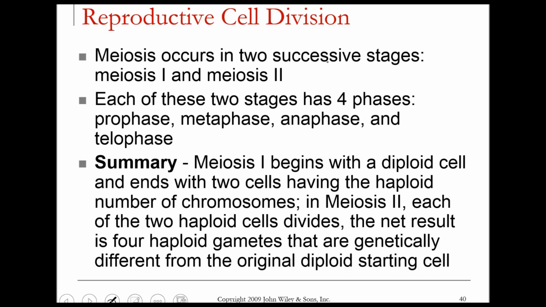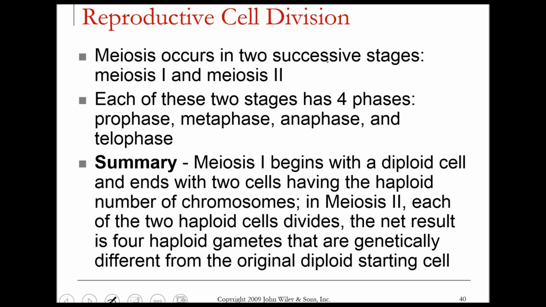If it's occurring during meiosis 1, we call it prophase 1, metaphase 1, anaphase 1, and telophase 1. If it's occurring during meiosis 2, we'd call it prophase 2, metaphase 2, anaphase 2, and telophase 2. So just a brief summary of reproductive cell division.